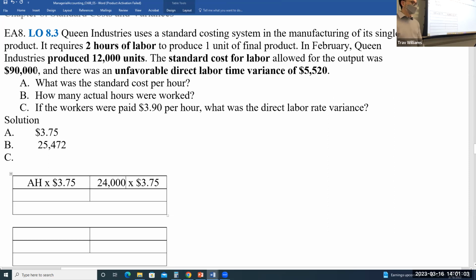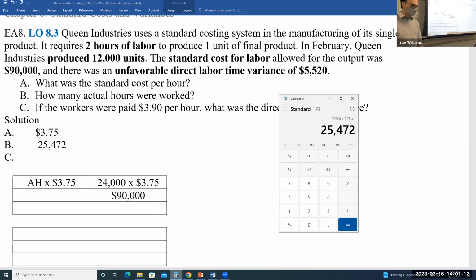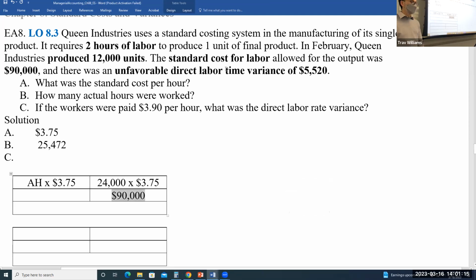And the standard cost, 90,000. And the unfavorable direct labor time variance is this 5,520. Okay, since it's unfavorable, it's a positive number. That means this number is more, right?